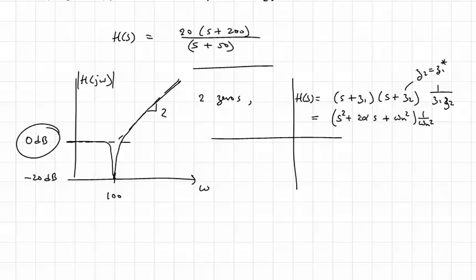You could also write this as s squared plus 2 omega n zeta s plus omega n squared. That works as well.